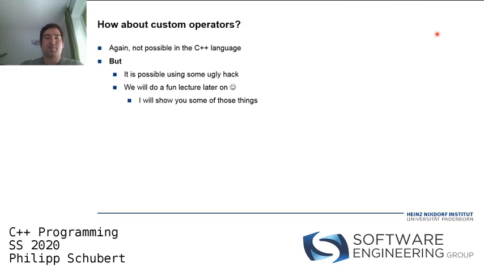How about custom operators? Can you define your own custom operators? And I already told you, no, that's not possible in the language itself. So in C++, that's not allowed, because with semantics and meaning, it's hard to guess the meaning of custom operators. But you can nevertheless, not built in, but within the language, use some ugly hack to allow for custom operators pretty much. That's nothing, again, you should do in any software product that you wish to use for production.